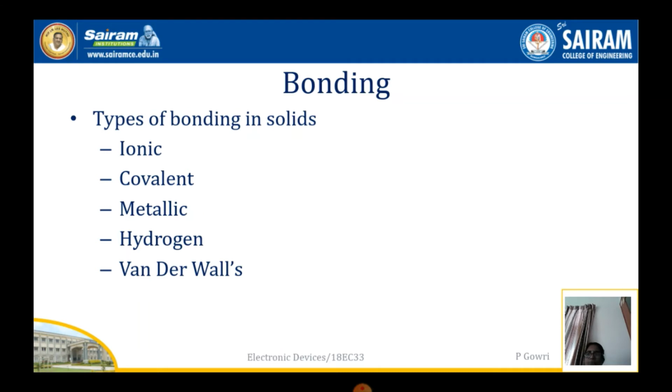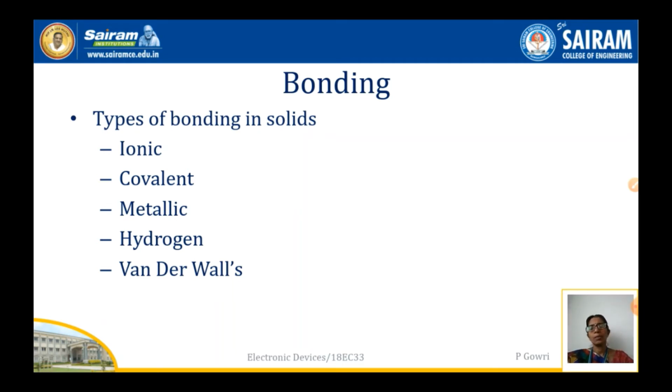And sometimes the metallic bond is considered a special case of a combination of ionic and covalent also. The weak interactions between the atoms include the hydrogen bond and the van der Waals bond. So we will first see about the ionic bond.